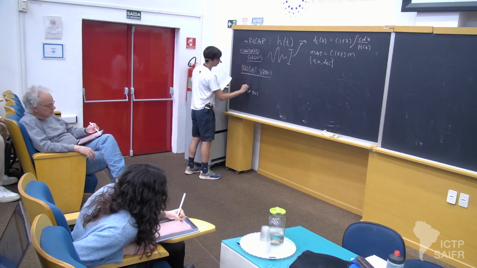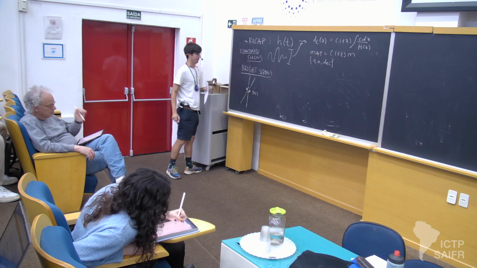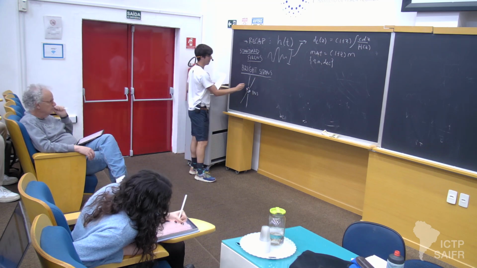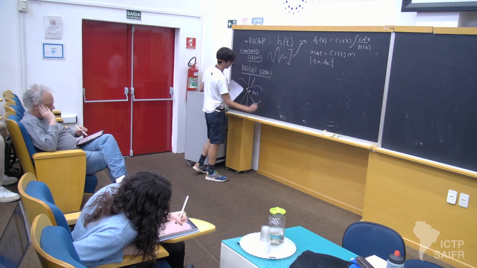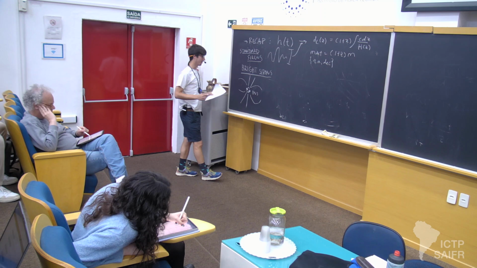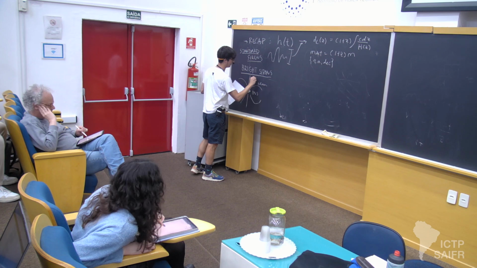And then there were two elements. One is that there would be a jet of a short gamma ray burst. And then the other is that there will be emission of afterglow, which is called kilonova, and short gamma ray burst.